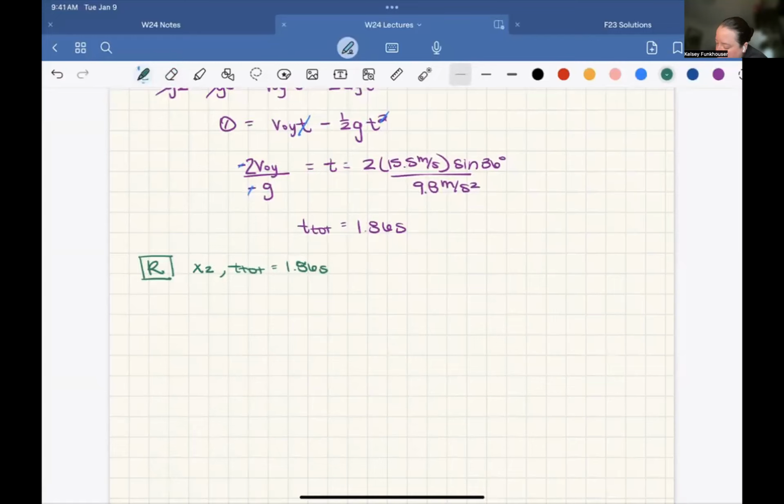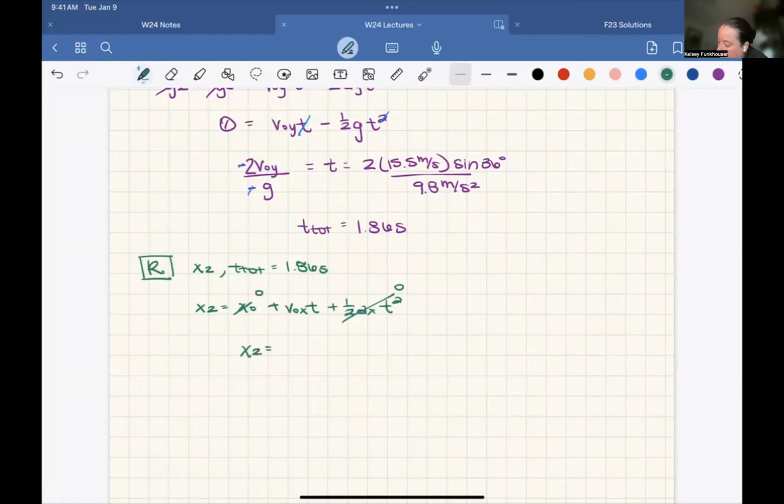So we can just use the long kinematics equation for this. x2 equals x naught plus v naught x times time plus 1/2 a_x times time squared. This is 0 and that is 0.